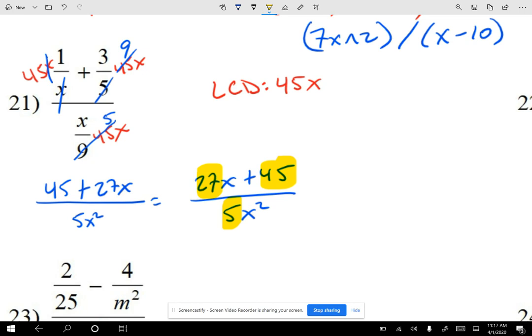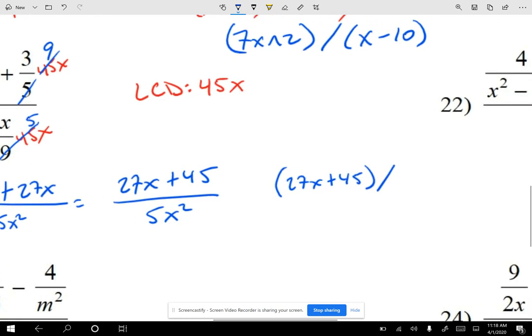In this case, I cannot. So that's basically my answer. The way you will type it will be on the top, 27x plus 45 over 5x squared.